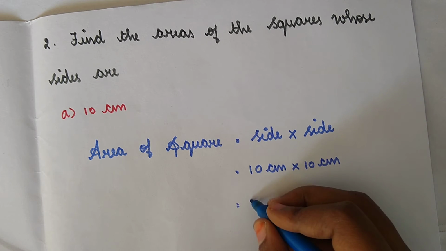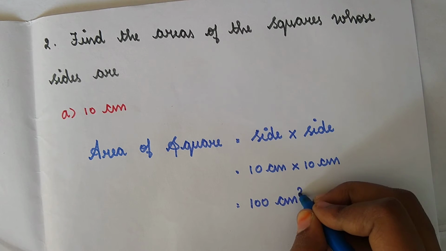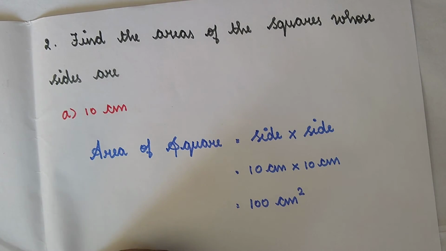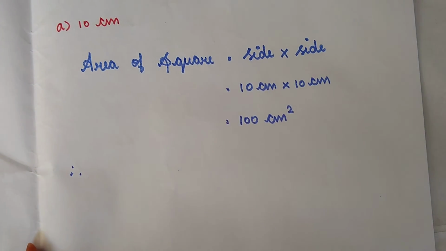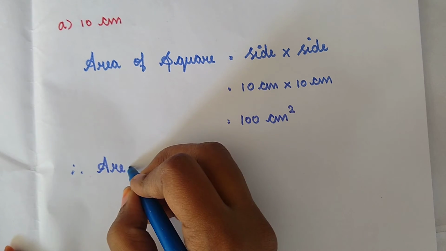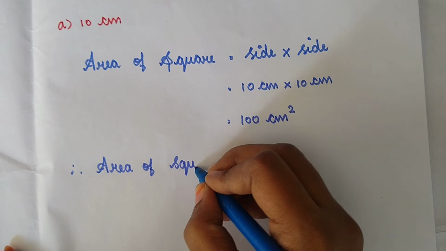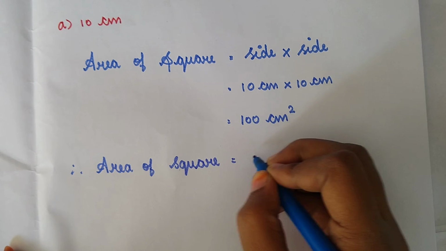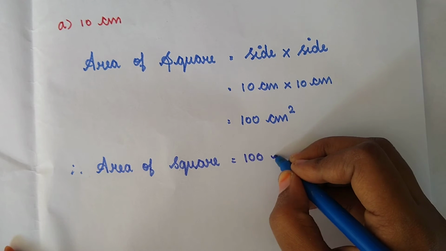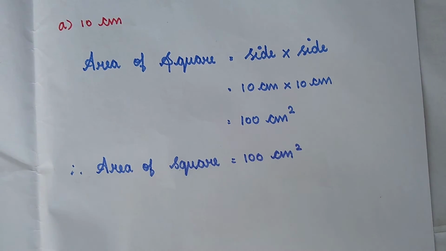We get 100 centimeter square. So therefore, area of square equals 100 centimeter square.